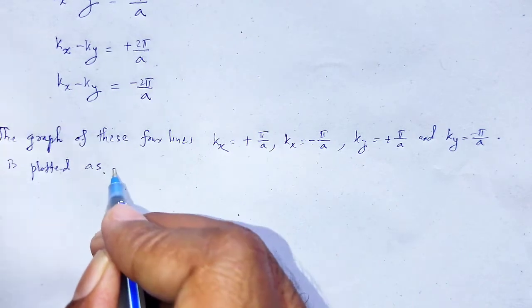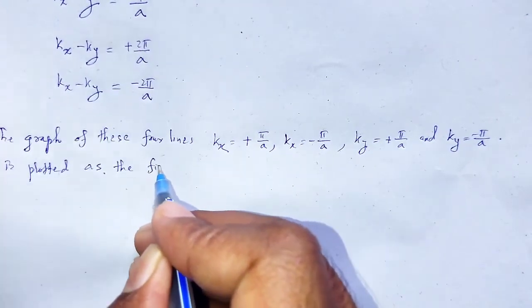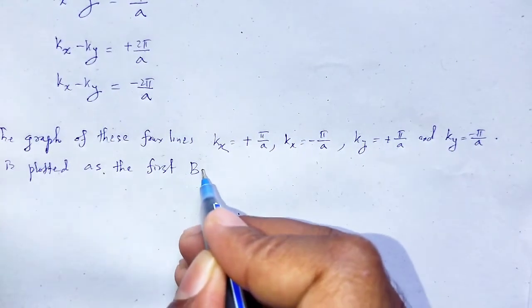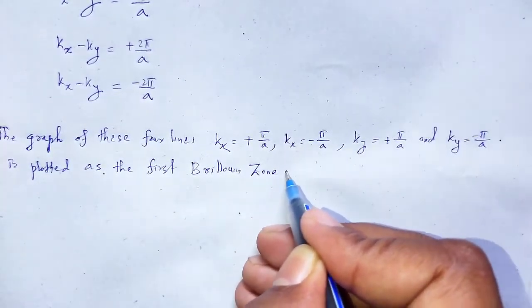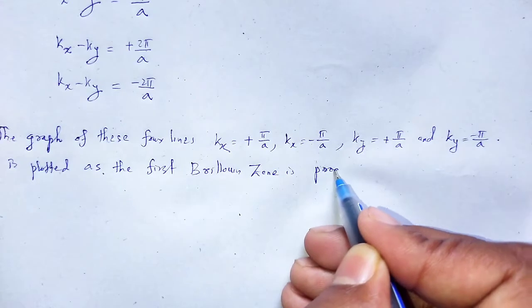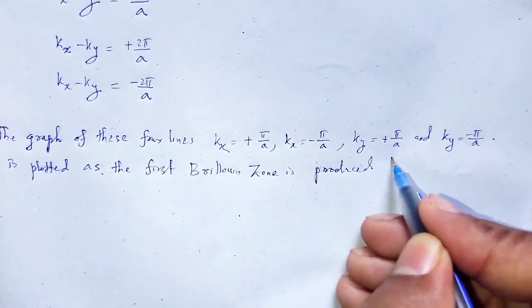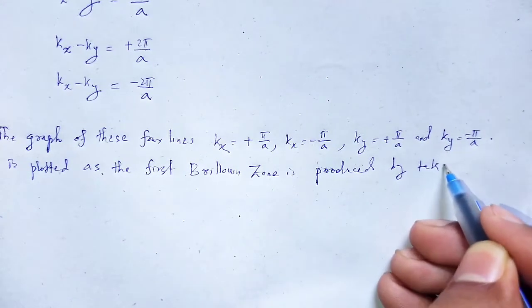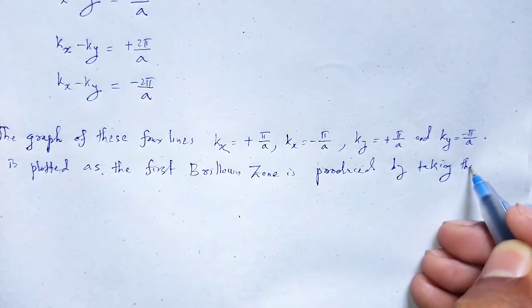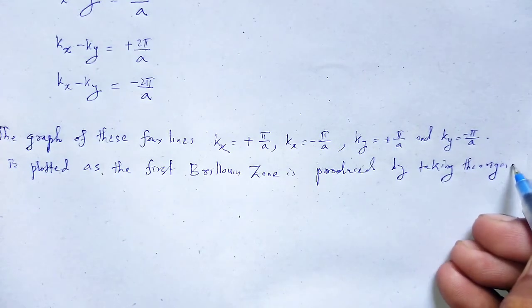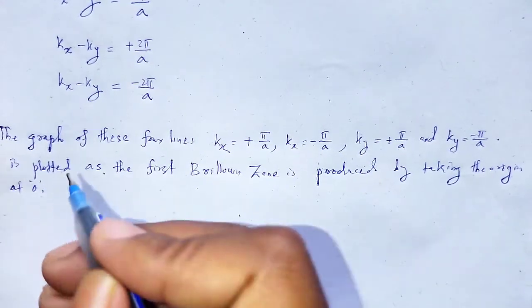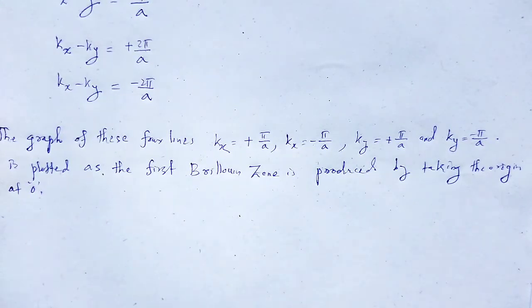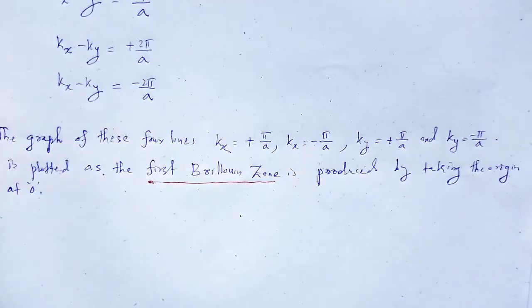The first Brillouin zone is produced by taking the origin at O.